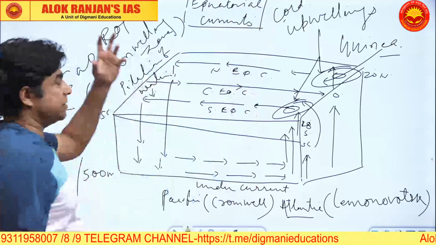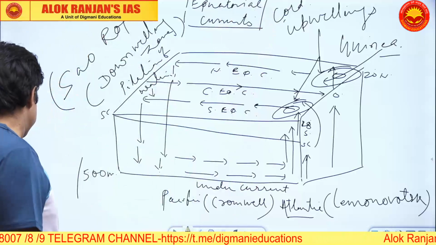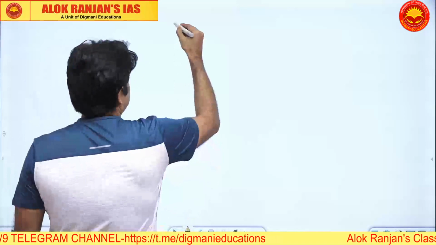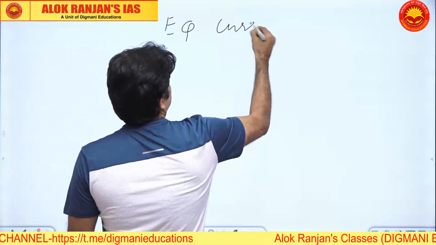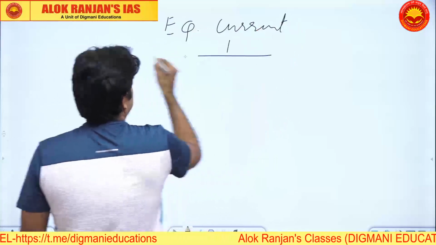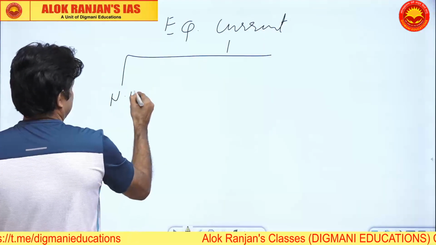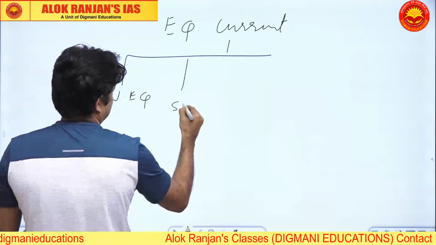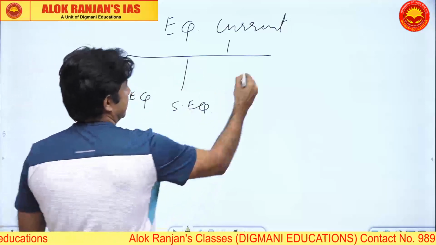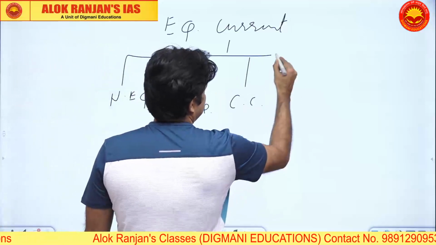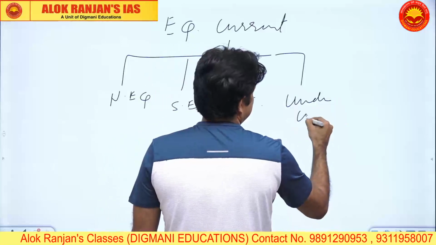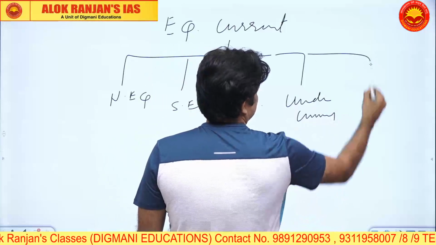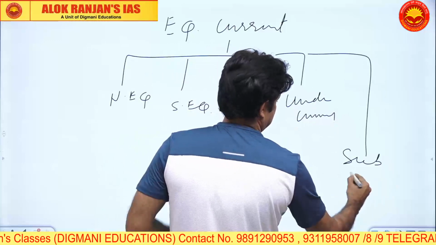So how many equatorial currents are there? We can just think of it in the next. How many equatorial currents are there? North equatorial, south equatorial, counter current, and undercurrent, and you can have subcurrents also.